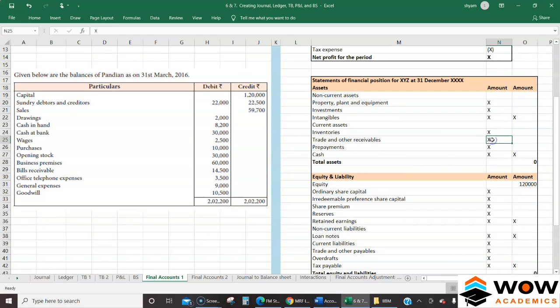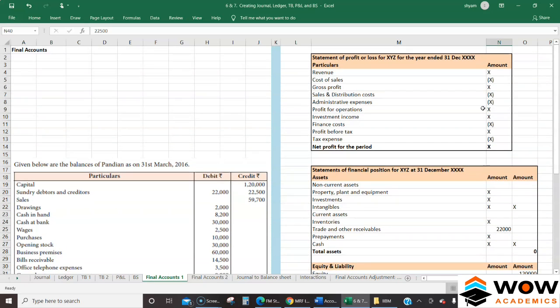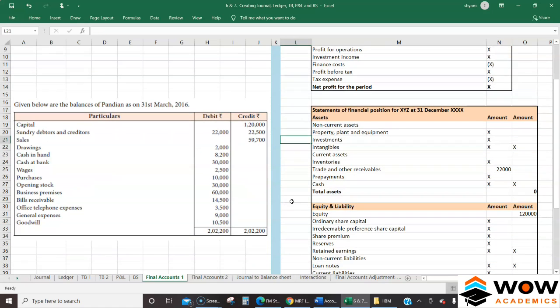Debtors is trade receivable, so that comes to 22,000, and payables is 22,500, and next is sales 59,700. And next is, again, we have drawings. Usually in companies we don't have drawings.